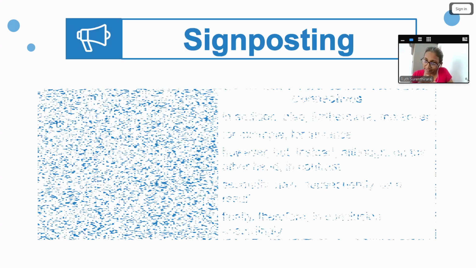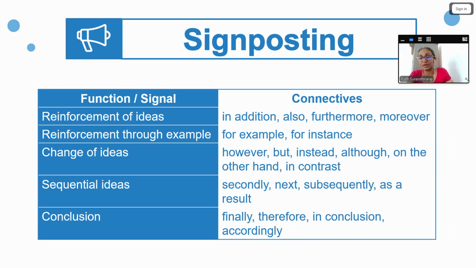Signposting is slightly different in the sense that, let's say I write 3 sentences explaining an idea, within one paragraph or even between paragraphs. Now I think I should give an example for what I have explained already, right?